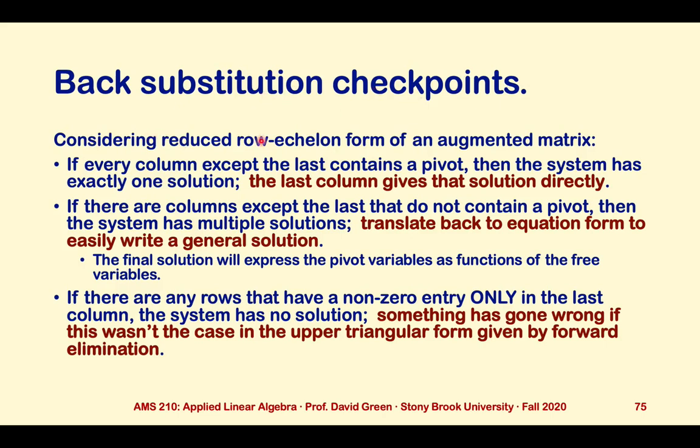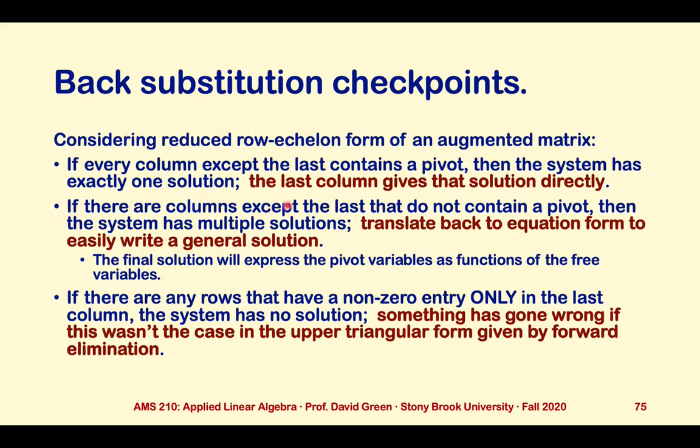Once we have this reduced row echelon form, we can look at these various points. If every column except the last contains a pivot, that is, every column has a pivot, the last doesn't, then the system has exactly one solution. When this is the case, the last column has that solution directly in it.